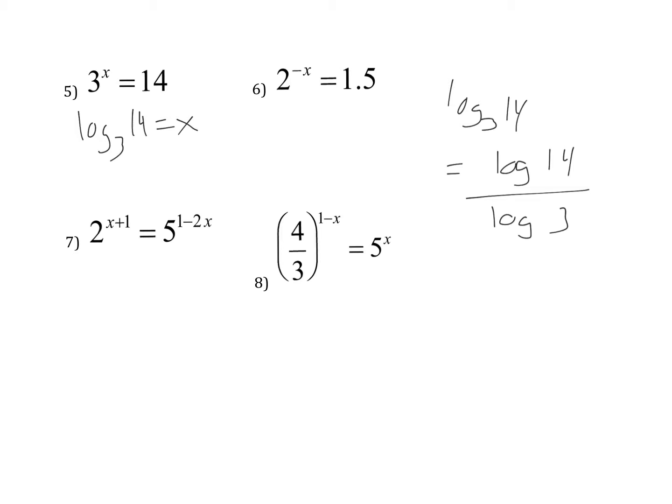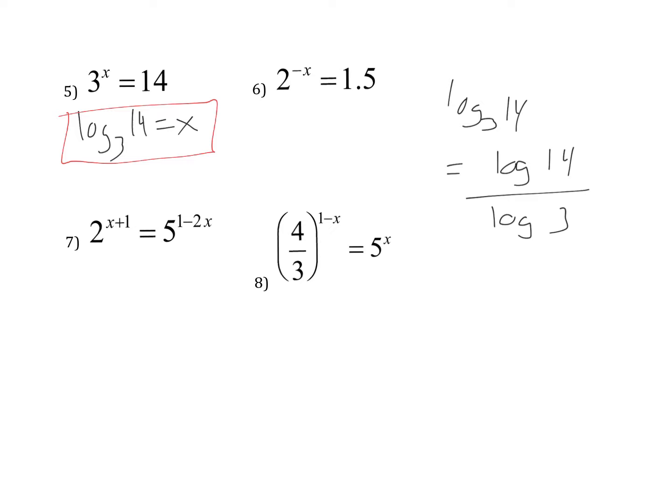Now typically I'm going to choose either 10 for my base here or e, because those are the buttons on the home screen of my calculator. But that's how we would evaluate this. But I would say don't evaluate it, just leave it as is. No need to go any further.